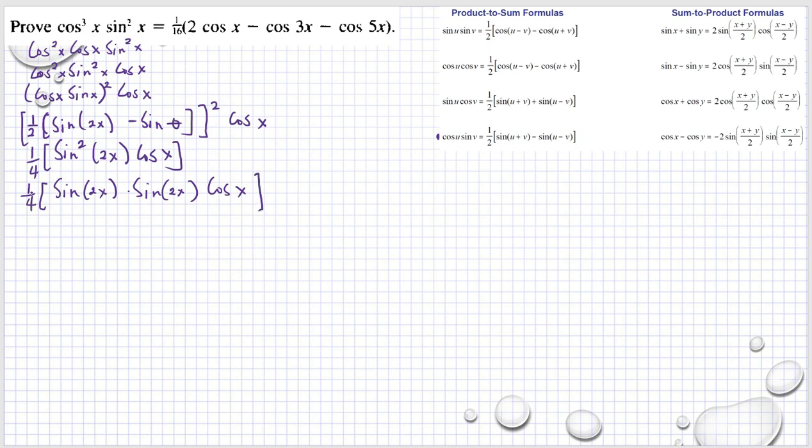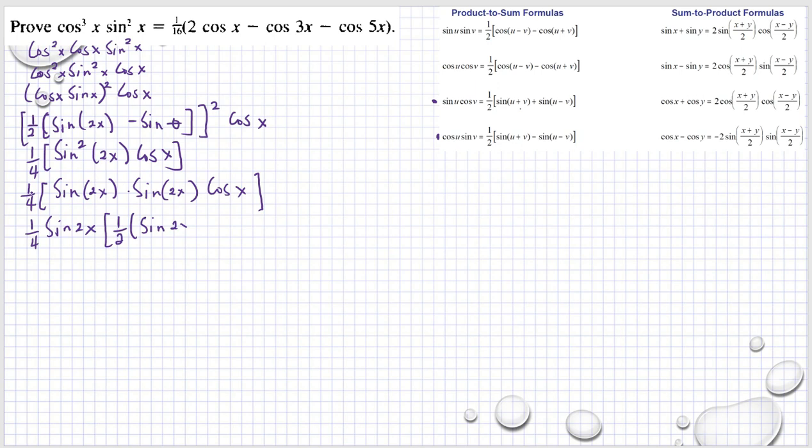As you can see, this one is also sine cosine here. So we have 1/4 sine 2x multiplied by 1/2 sine, what will be 2x again?